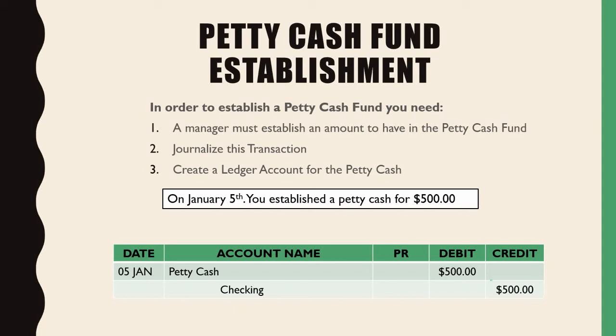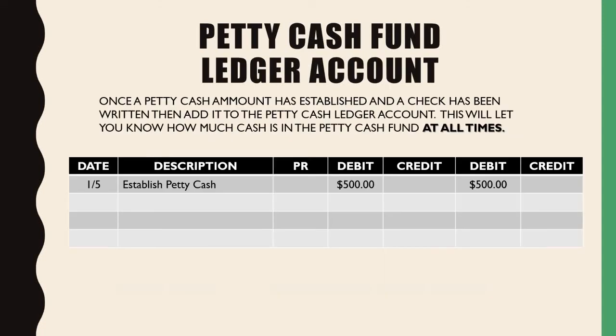They themselves would cash it out, and they themselves put the money into the petty cash. Then whoever is doing the accounting records that we now have some money in the petty cash drawer. That's the very first thing you do. This is how we establish a petty cash drawer.